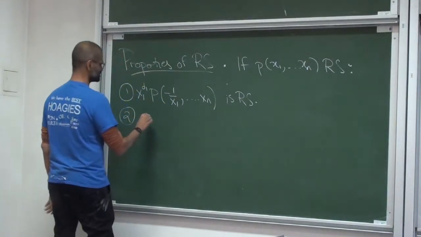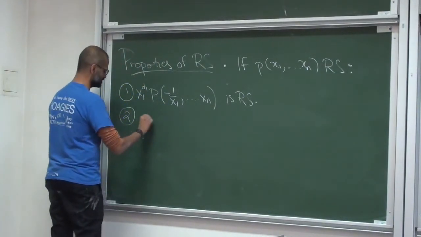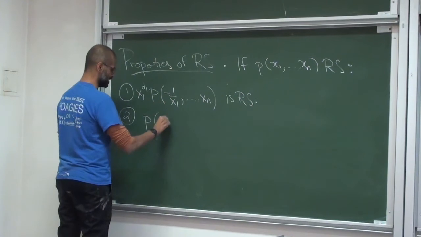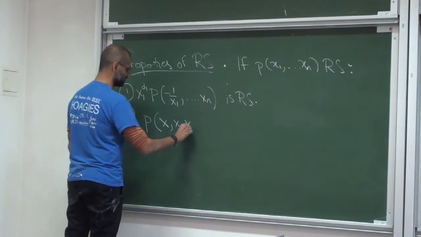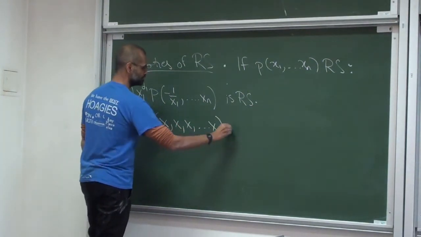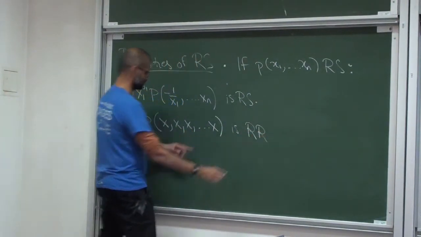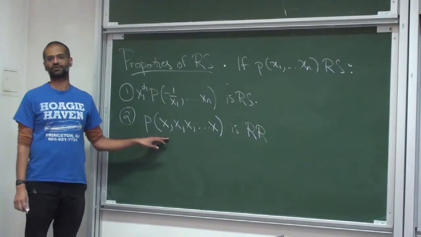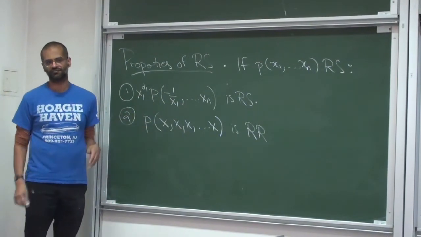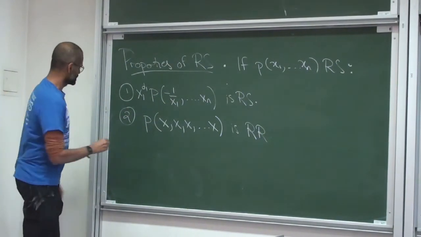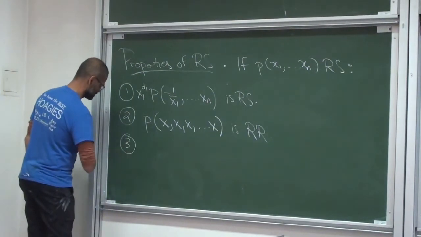Another easy one is what I'm going to call diagonalization. If I have a polynomial and I replace all the variables with one variable, this is, well, real rooted actually, so this is a univariate polynomial. That's just because I can plug in the same number in the upper half plane. That's easy.